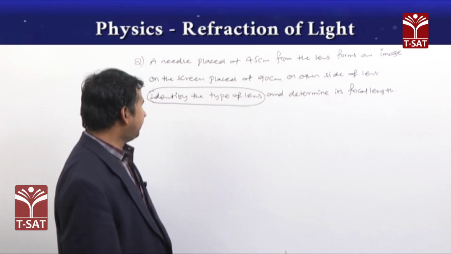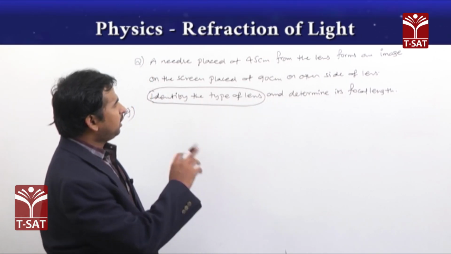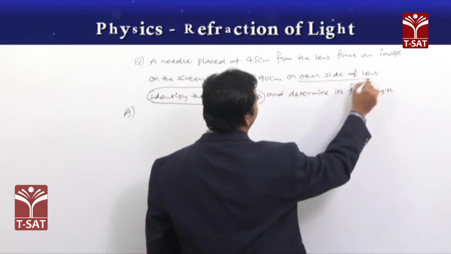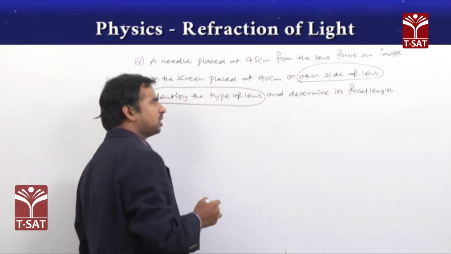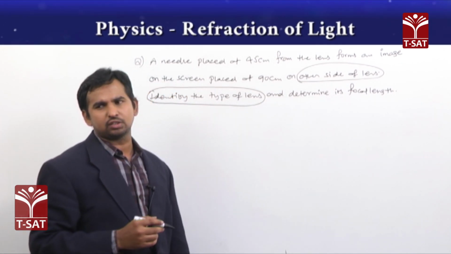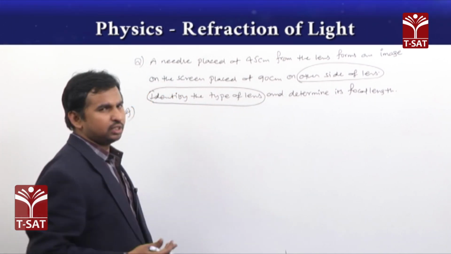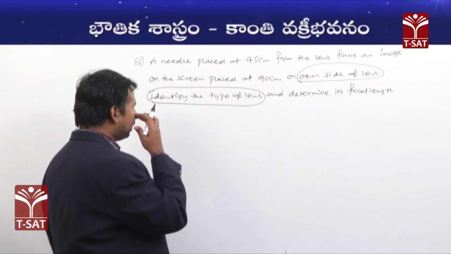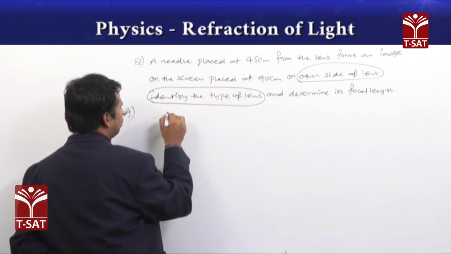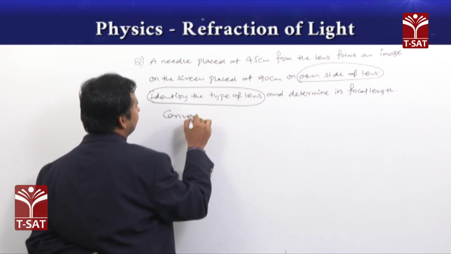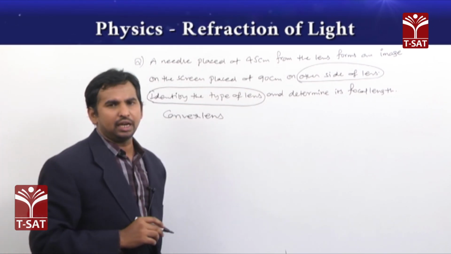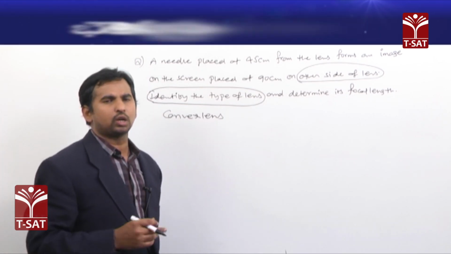But here it is clearly mentioned that the image is formed on the screen placed on the other side of the lens. So, obviously it is nothing but a convex lens. So, the type of lens is a convex lens, which is a converging lens, and now we have to determine its focal length.